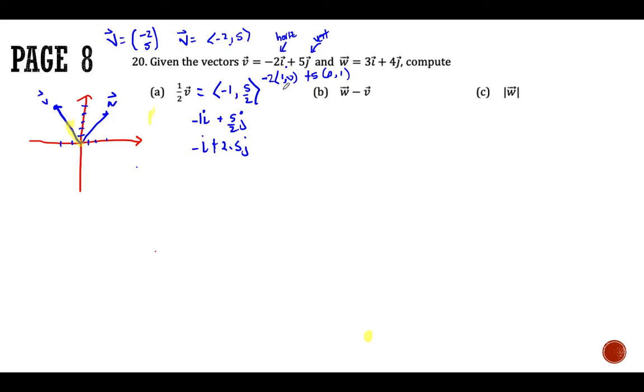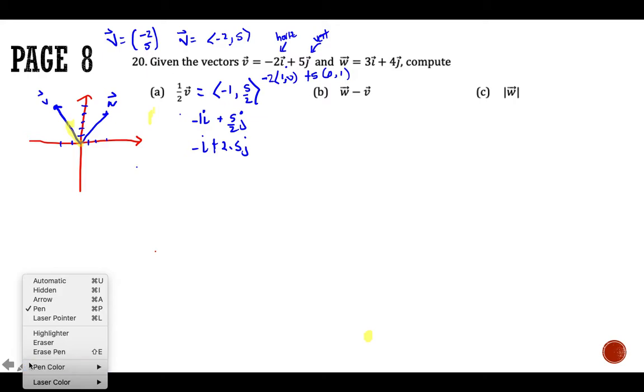That's a scalar multiplication of the vectors. I could double it, I could negate it. It's a dilation factor, really.